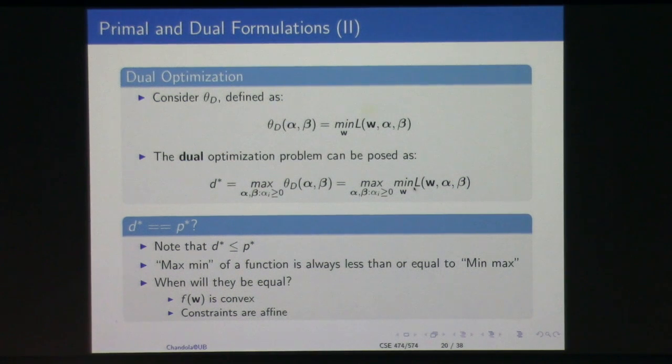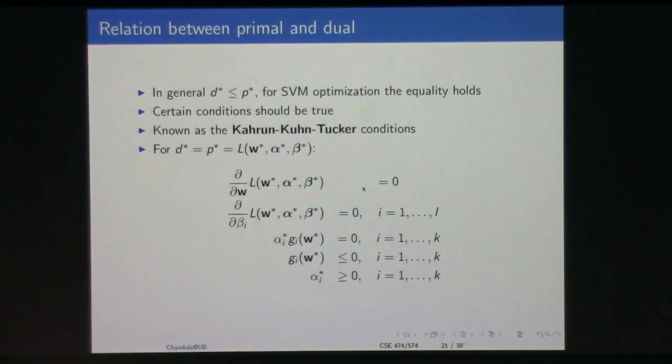Here you ignore alpha and beta. You say alpha and beta are just constants, and you solve for W. It's easier because it's a convex function, if you're assuming it's convex. So that's a very vague reason, and it might not always hold true. But what we'll see in the case of support vector machines is that that's what will happen. All right, so this is the idea.